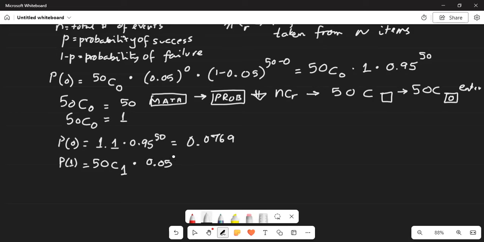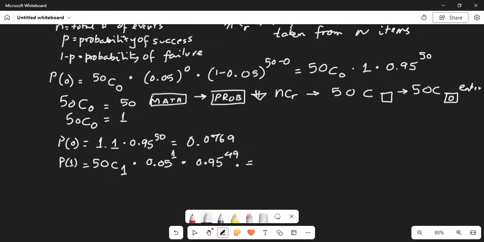Now let's do P of 1, which will be 50C1 multiplied by 0.05 raised to the power of 1 and multiplied by 0.95 raised to the power of 49. So first we do 50C1: 50, math, highlight PROB on the top, then nCr, and then number 1 in the bottom, hit enter, the number is 50.